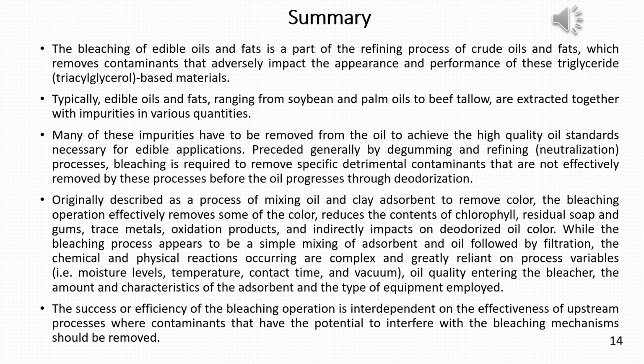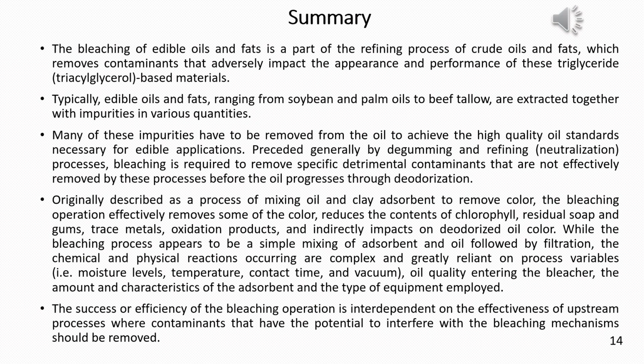While the bleaching process is very simple, it consists of mixing of absorbent and the oil, followed by the process of filtration. In the bleaching process, the various chemical and physical reactions that take place look like a very complex and complicated process, and there are different conditions that need to be noted while performing it.